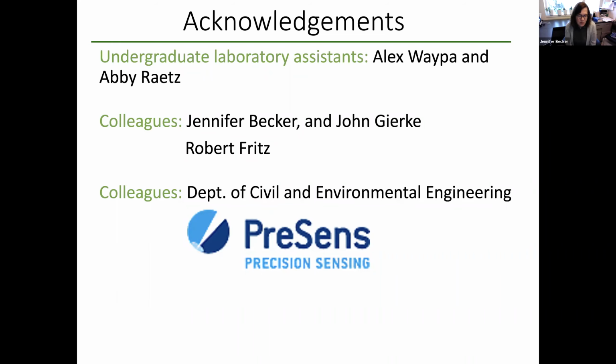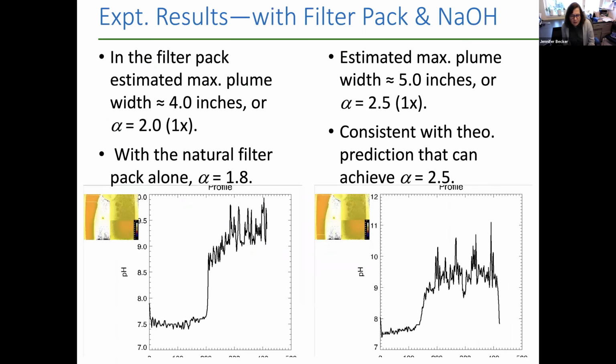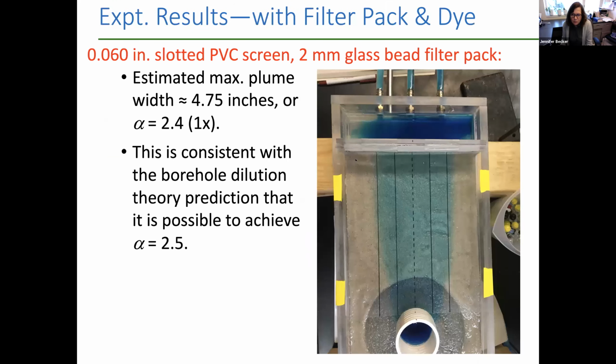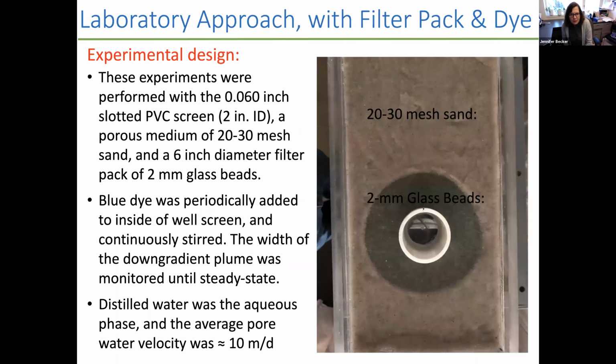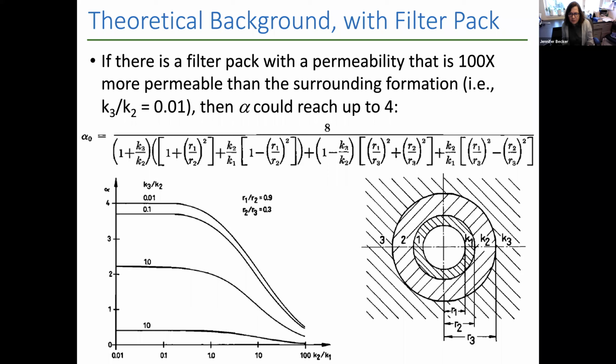I guess this is maybe more of a comment than a question, but it almost seems counterintuitive, if I'm interpreting everything correctly, that to really get that maximum plume width, you really need that big difference between the permeability of your well and your screen relative to the aquifer permeability.